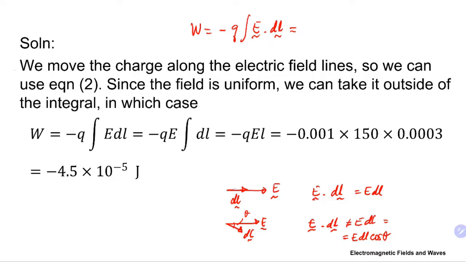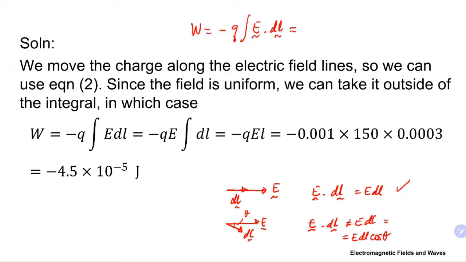Okay, because we are in this scenario, we can write the work done W equals minus Q integral E dot dl, and because E is uniform, it is constant along the whole path that you're moving.